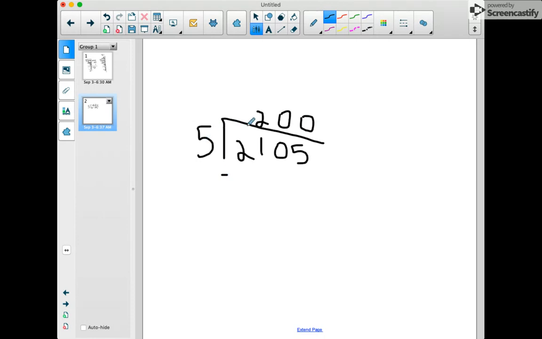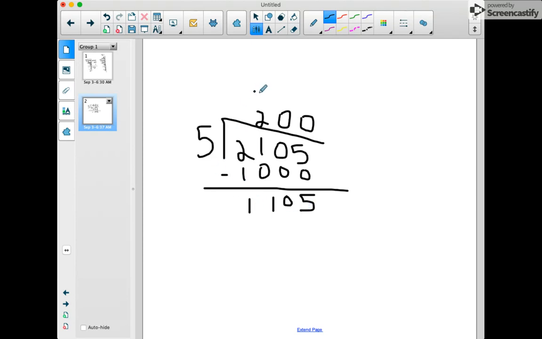So I'm saying 5 times 200 would take out 1,000. And then I would subtract. And I'm left with 1,105, which shows me I could do another 200 groups of 5.